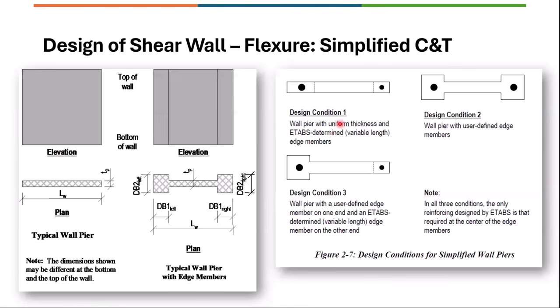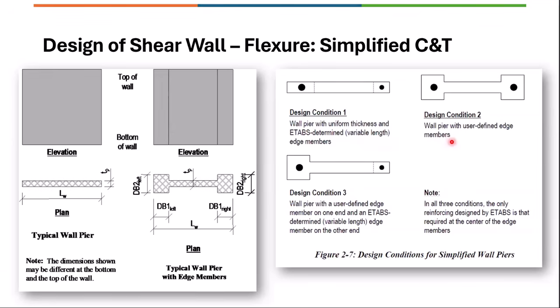Within that, we have design conditions 1, 2, 3. The first condition is program determined edge members. It automatically calculates the length of these edge members until it satisfies the design of the short column.